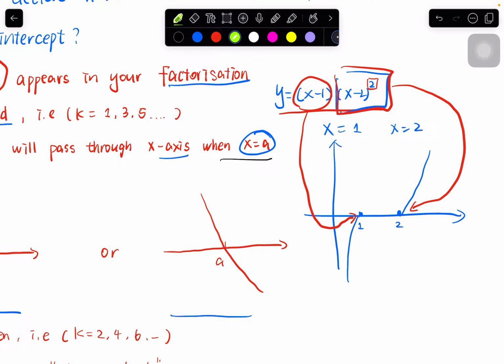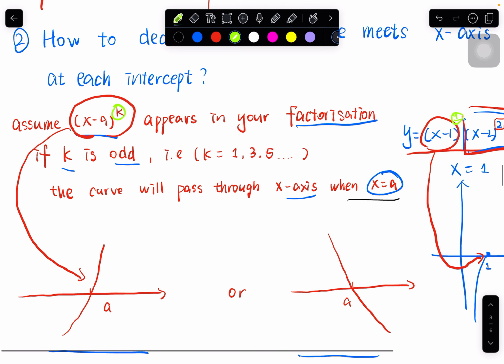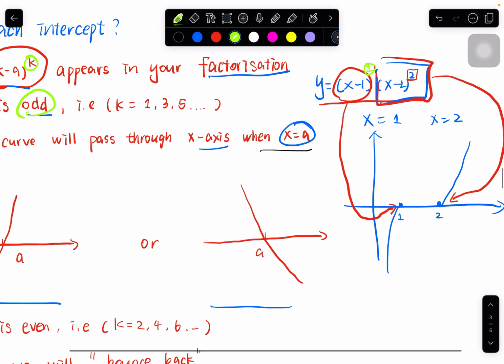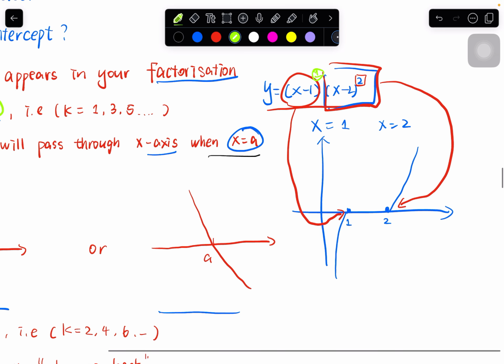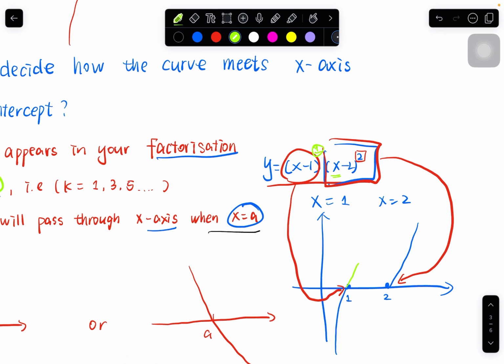Let's say y equals x minus 1 times x minus 2 squared. X minus 1, the k here is 1. So 1 is an odd number. So at the point x equals 1, the curve will pass through like this, right? Also, we can see the next part is x minus 2 squared.